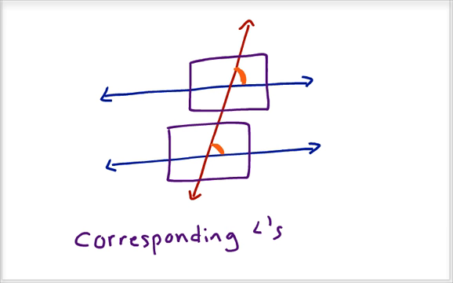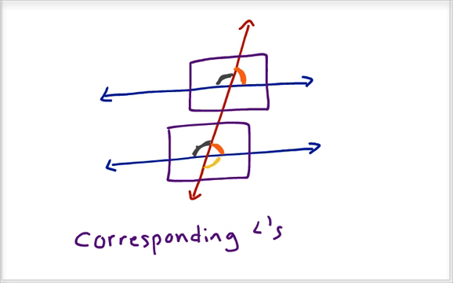They're corresponding angles. They're in corresponding positions. Another set of corresponding angles could be right here, right? This angle right here and this angle right here are in the same spot in those sets of angles. So they're corresponding angles.